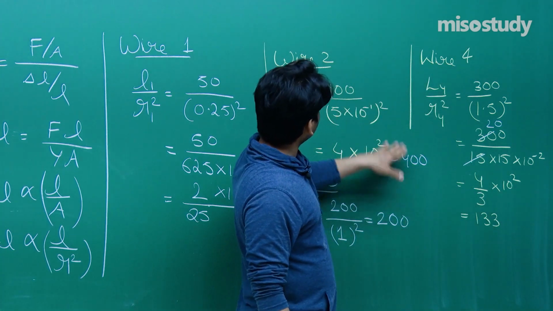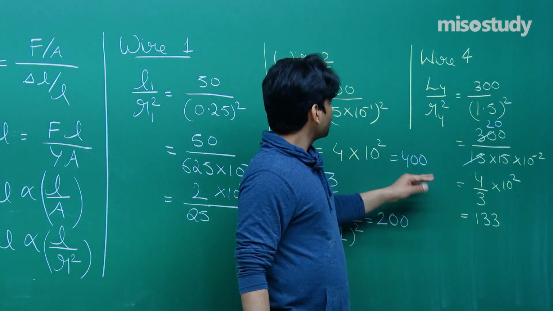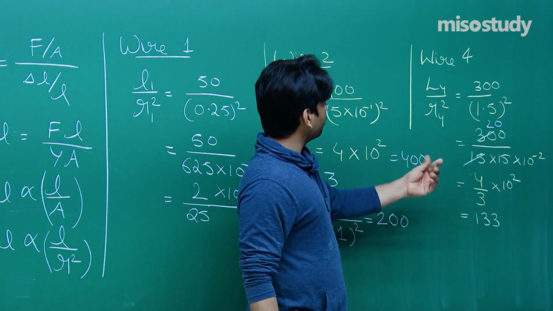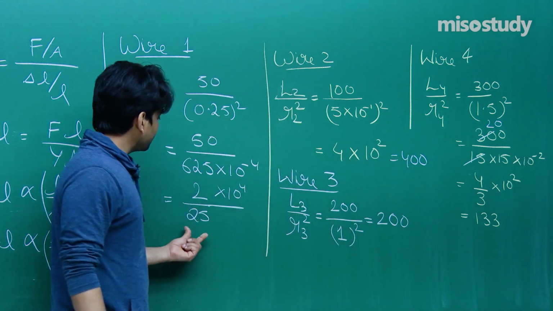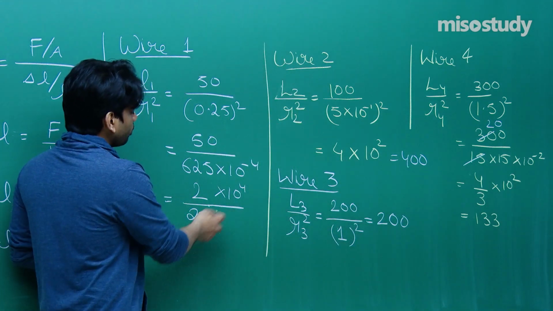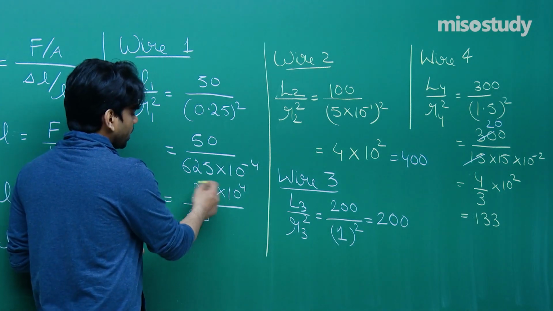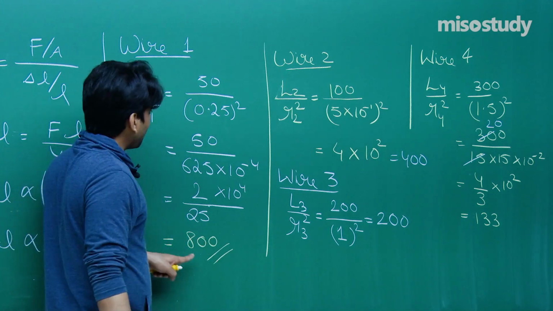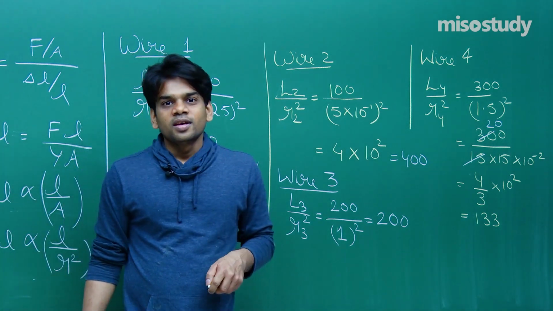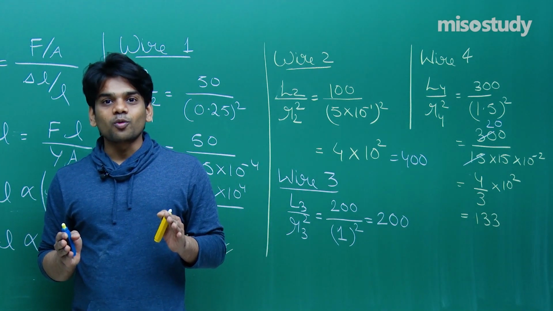Compare. Wire 2 is more than wire 3 and again it is more than wire 4. So comparing wire 2, wire 3 and wire 4, wire 2 is larger. Now for wire 1 and wire 2, this is 2 into 10 to the power 4 divided by 25. If I solve this, we will have 200 by 25, 800. The ratio L by R square is maximum for wire 1.